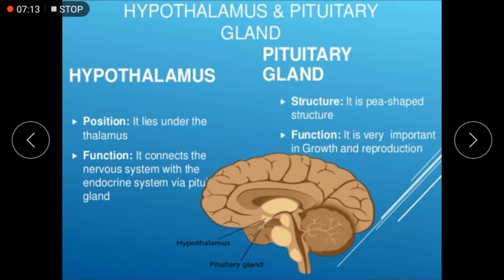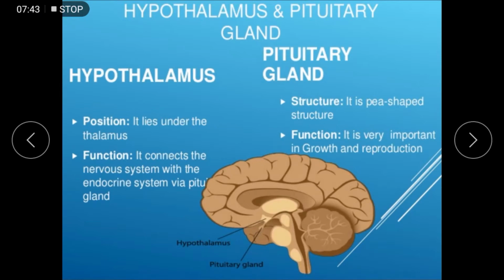Meaning the hypothalamus does the job of linking the hormones and the nerves. When the regulation involves hormones, the message sent to the brain has to send a signal to the hypothalamus in order for the hypothalamus to send a signal to the gland.